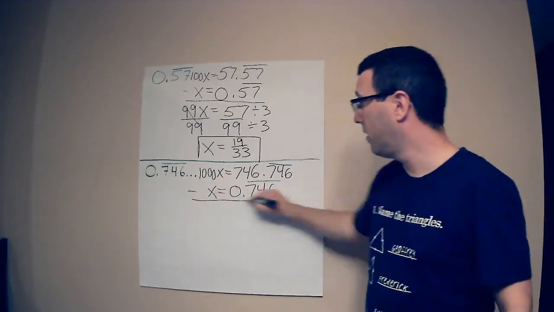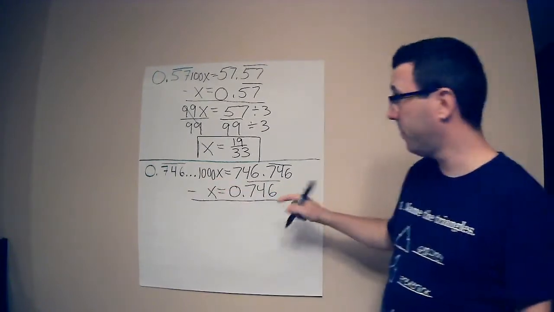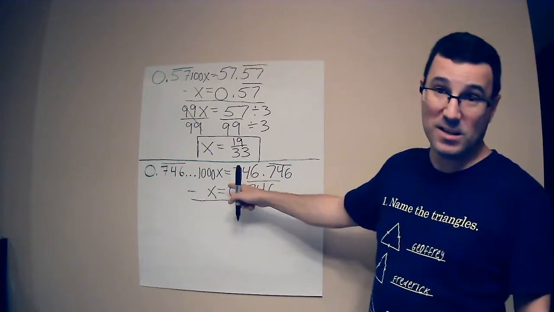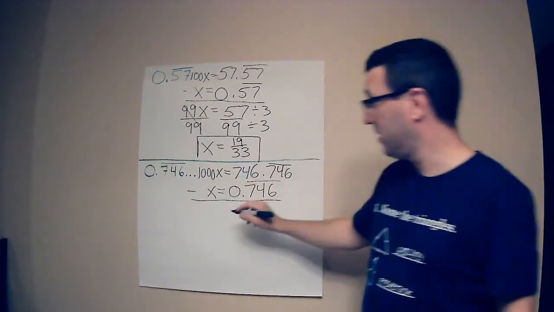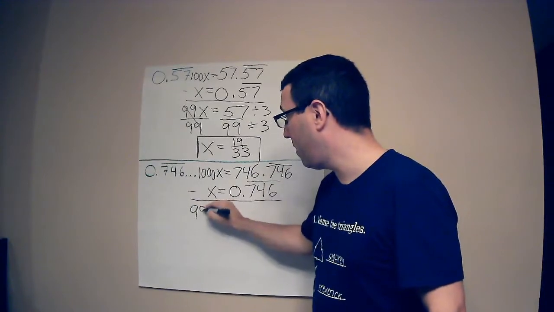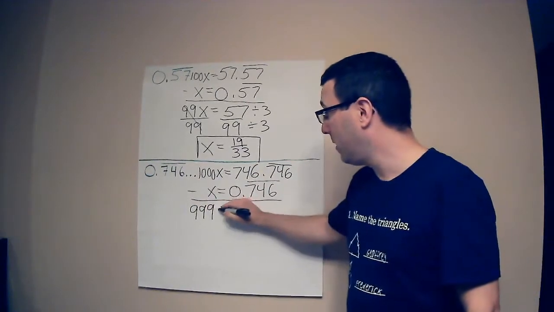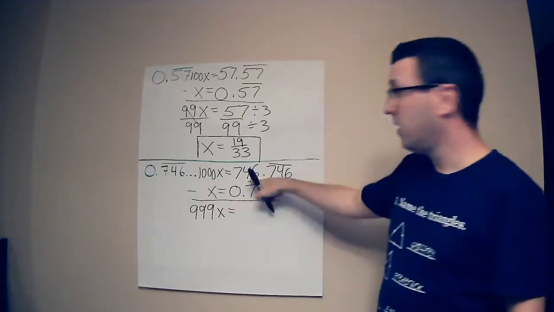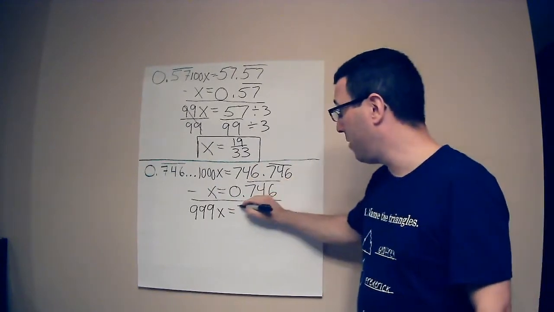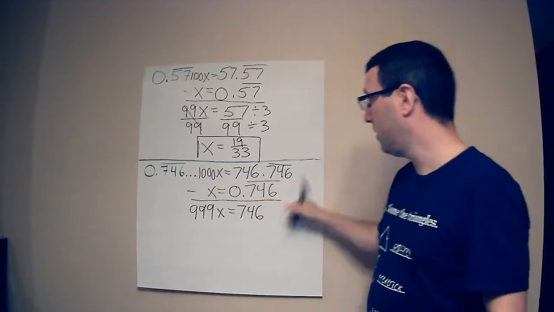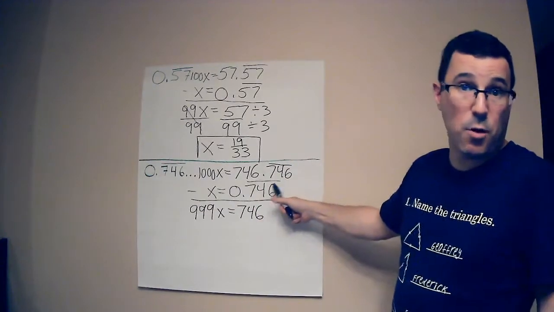Again, do my subtraction. 1,000x minus 1x is going to give me 999x. And then 746. And the repeating decimal part goes away.